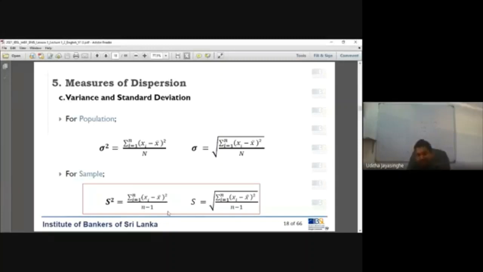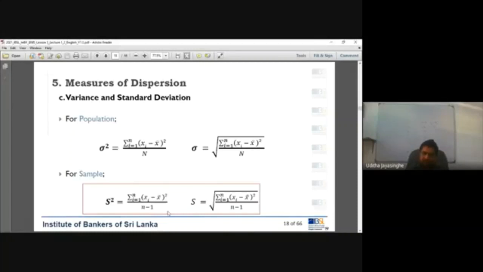For the standard deviation and the variance of the sample, instead of capital N, instead of the 700, if our sample size is 50, for the bottom part, we have to take 50 minus 1 as 49, not as 50. There is a lengthy theoretical discussion which we can have from different angles.